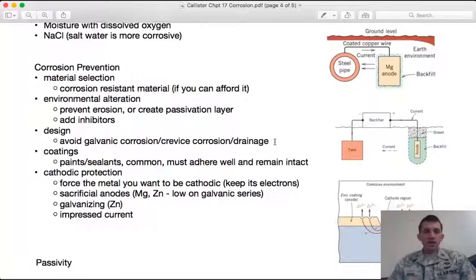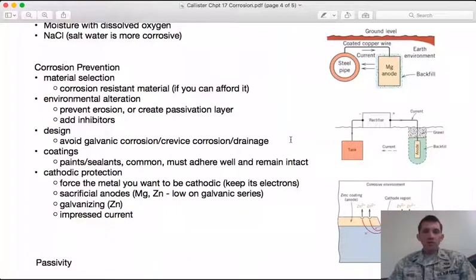Probably the most common way of dealing with corrosion, or trying to at least limit its impact, is to paint things. I remember hearing a saying about the Navy. They said, if it moves, salute it. Meaning, I guess, officers. If it doesn't move, paint it, right?